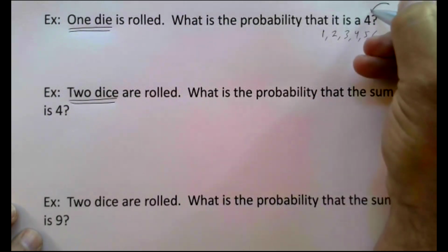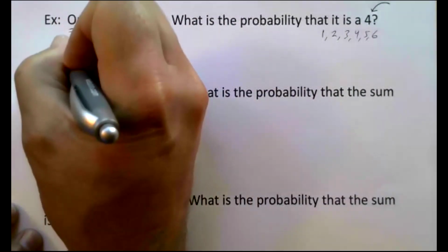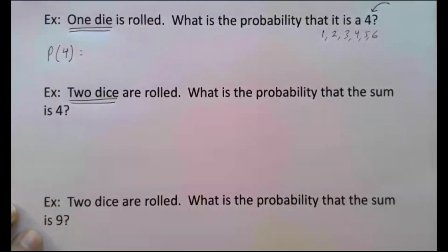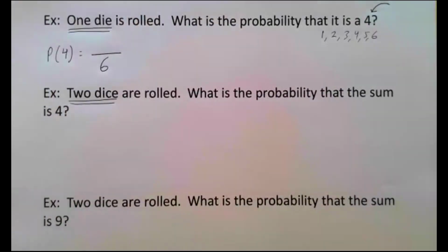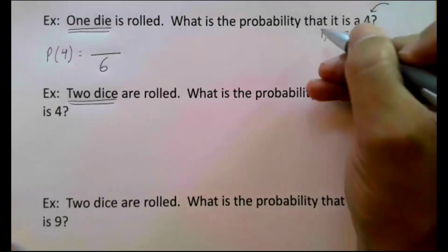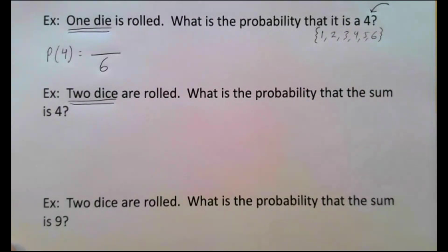I want to know the probability it comes up a 4. So the probability that that roll will be a 4. Well, my denominator is always the total number of things that could happen, the total number of elements in my sample space. Actually, my sample space would be this set right here. That would be the 6 things that could happen if you roll a single die.